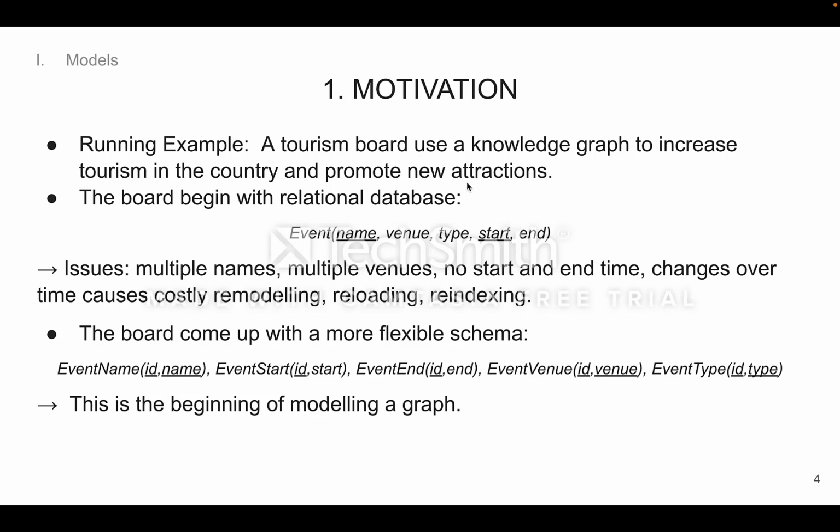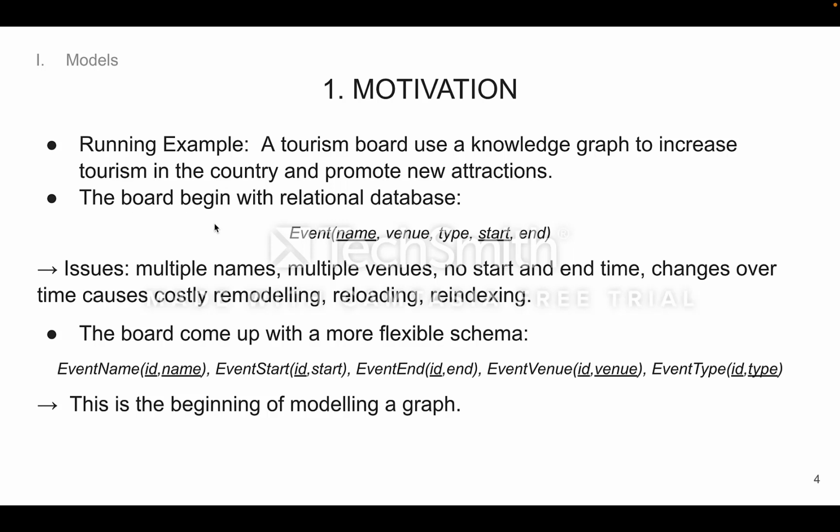To do this, the board needs to store the data about the routes, the events, and so on and so forth. So the board first thinks of the tabular model, in particular the relational database, that most of us are very familiar with.